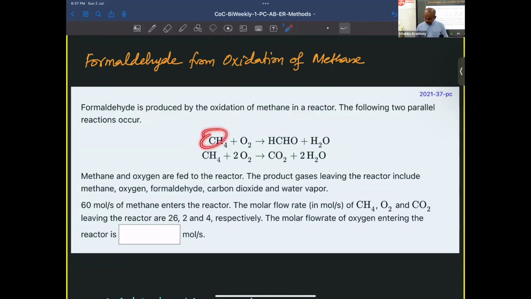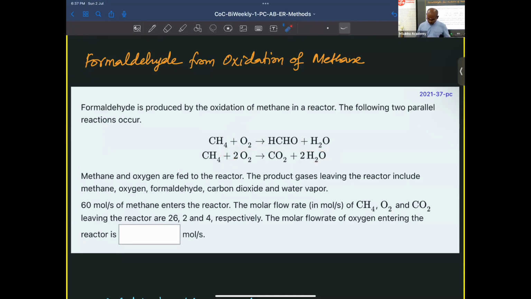So methane is oxidized to get formaldehyde. Two parallel reactions occur. The first one is methane plus oxygen giving rise to formaldehyde. The second one, methane is also undergoing direct oxidation to give carbon dioxide and water vapor, the combustion reaction. Actually, we are interested in making formaldehyde from this methane oxidation. Of course, this reaction is also happening.